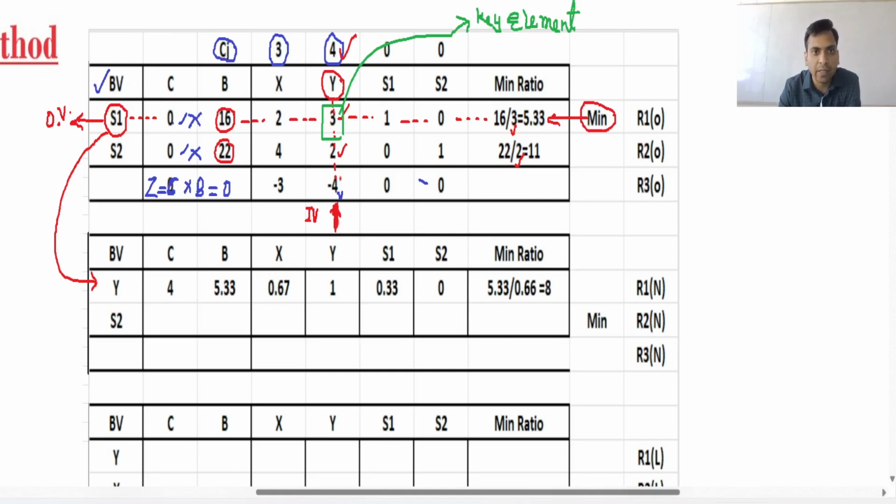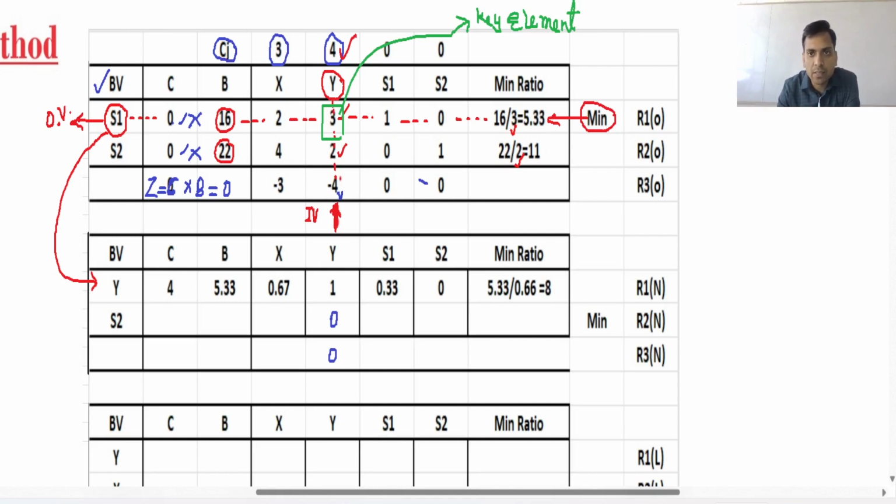For the elements above and below the key element, we will put 0, as we have 3 rows. So for the second row 0, and for the third row 0.